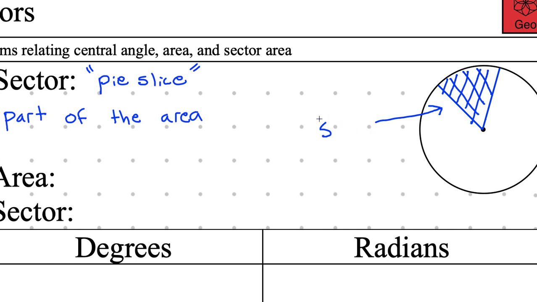Area is the sector. And then you usually want to have it from the central angle. Especially for today's lesson, 100% of the problems are going to be from that central angle. So different sorts of pie slices.